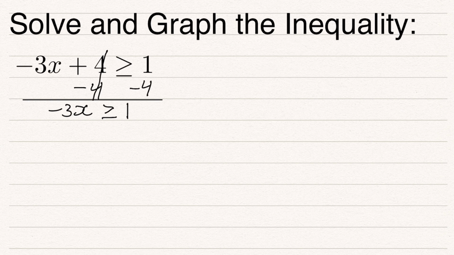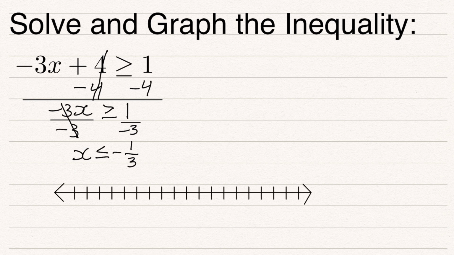Now we need to divide by negative 3. We'll do that the same way we would an equation, but when you divide by a negative, your sign flips. So the new sign will be less than or equal to. So these cancel, and we get x is less than or equal to negative 1/3.